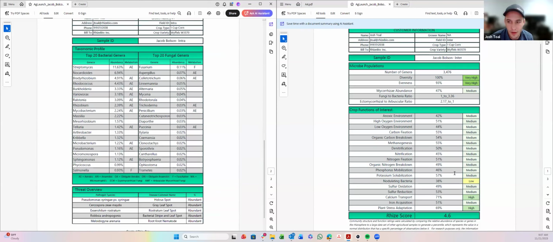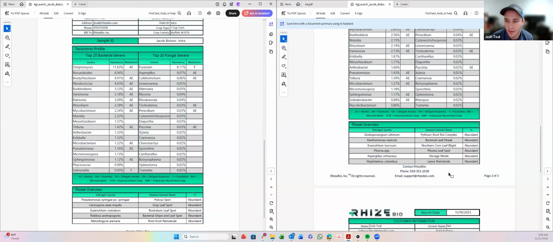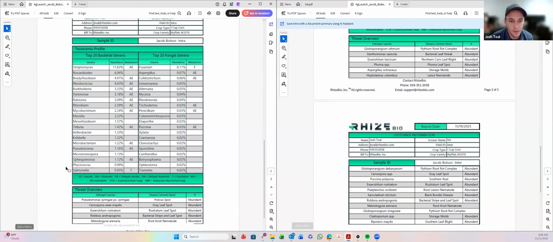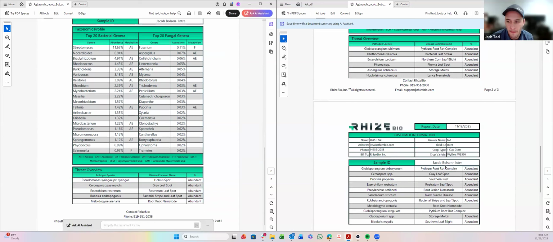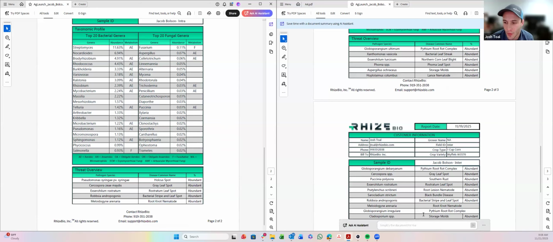But as it relates to the potential pressure from a pathogen perspective, we actually had more abundant in the inner versus the intra. In particular, it could be that root knot nematode making its way from the mid row into the actual root area, the root zone.